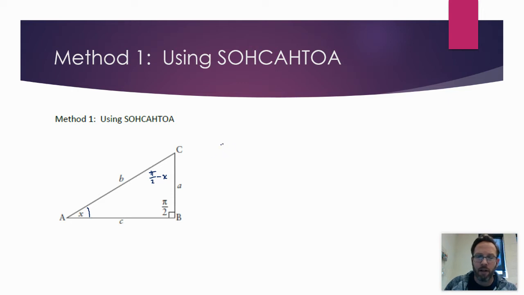And so if I look at the sine of angle x in this diagram, well, sine is opposite over hypotenuse. And so the sine of angle x is equal to opposite, which would be A, over hypotenuse, B. And if I look at the cosine of the other angle, pi by 2 minus x, cosine is adjacent over hypotenuse.